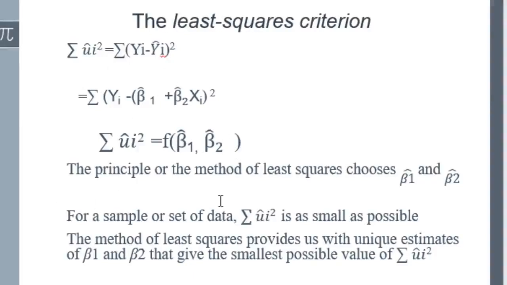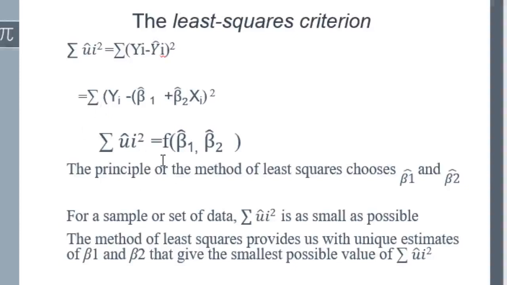Therefore, the principle or the method of least square chooses beta 1 cap and beta 2 cap. Here, the error term is a function of beta 1 cap and beta 2 cap, and the method of least square chooses them in such a manner that sigma ui cap square is as small as possible.